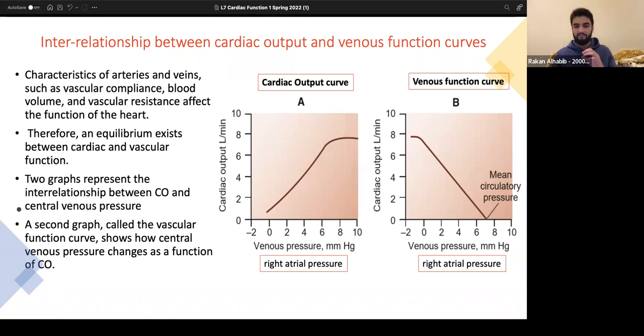So if I pumped a lot, if I pumped 5 liters, for example, or 6 liters, I'll have less blood on the venous side. So for the next pump to occur, I have to increase the venous pressure so that the blood can move into the right atrium. Do you know what I'm saying?